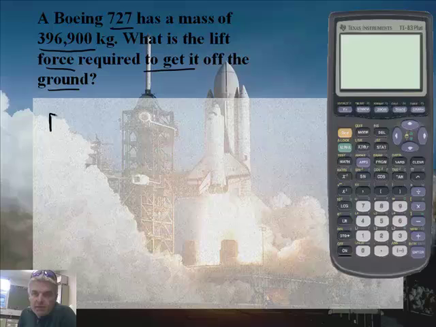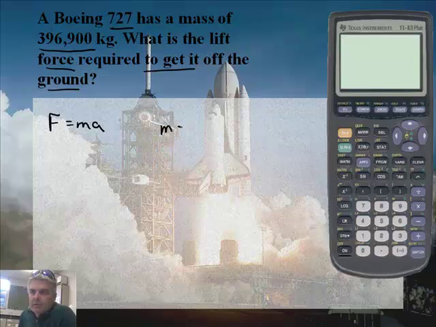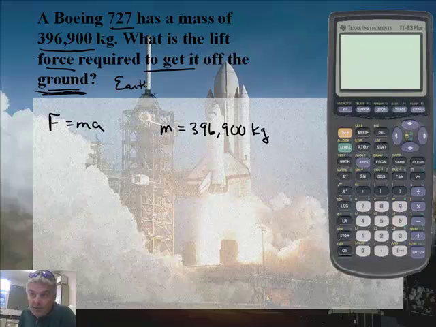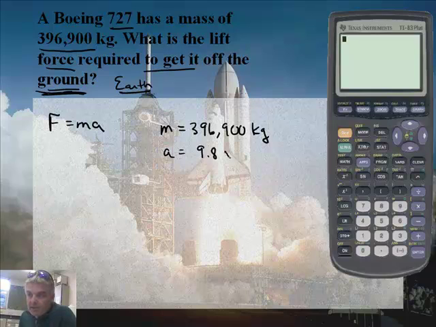Well, our key equation is F is equal to ma. So what do I know in this equation? Well, I know that m is equal to 396,900 kilograms. Now, we're trying to get it off the ground. We're going to make a pretty reasonable assumption that you're on the Earth, so the acceleration is this number we talked about earlier: 9.8 meters per second squared.